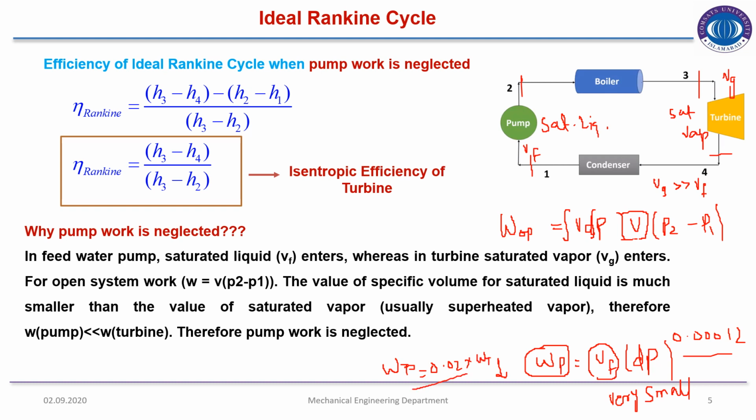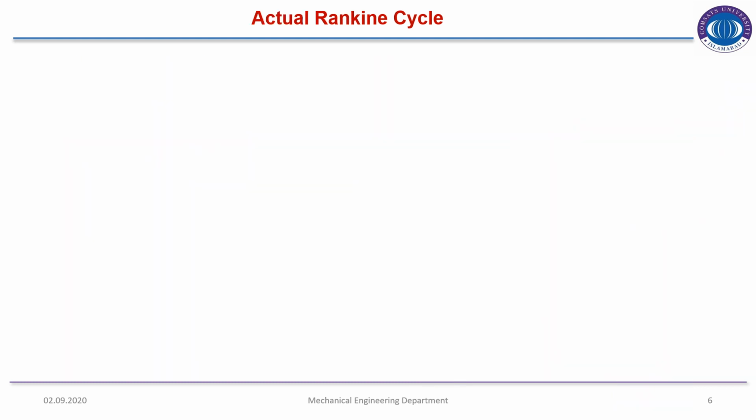As you can compare, the value of Wp is very small compared to Wt. That is the reason that, as you can see, the work consumed by the pump is very small compared to the work produced by the turbine. Therefore, usually the pump work is neglected.